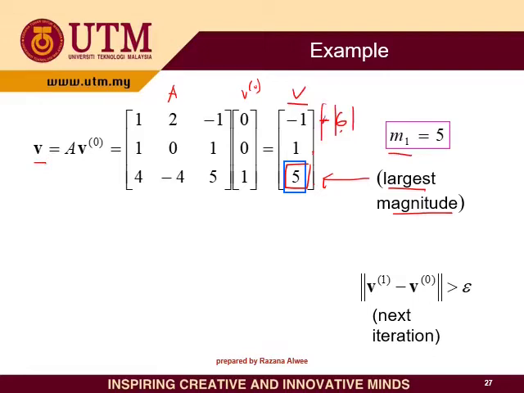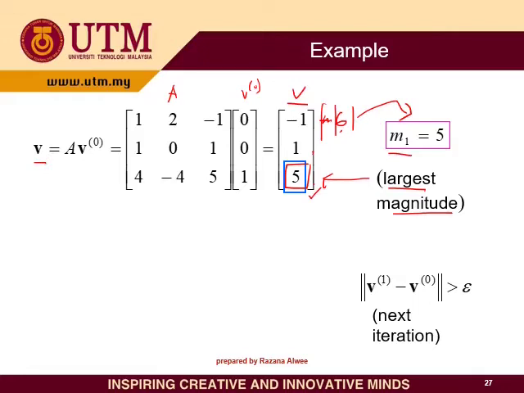Absolute means it's not based on sign; it is based on the magnitude. So this will be our M1. In this case, it is straightforward: -1, 1, 5. So 5 is the largest magnitude, and we choose M1 as 5.